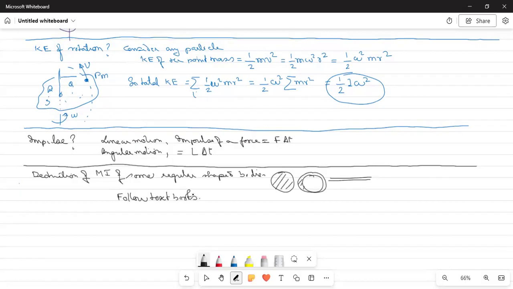What I'll do is, in your numerical exercises, there are some deductions they have asked for some peculiar shaped bodies. For those, I'll give you the solution to those numerical problems. But for regular shaped bodies, you can easily follow your textbook.